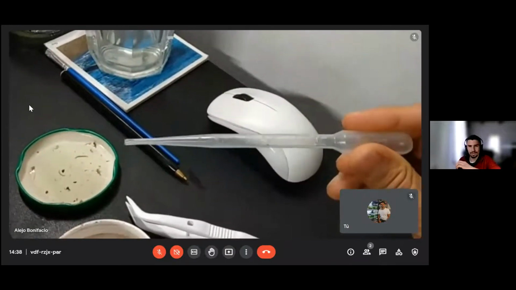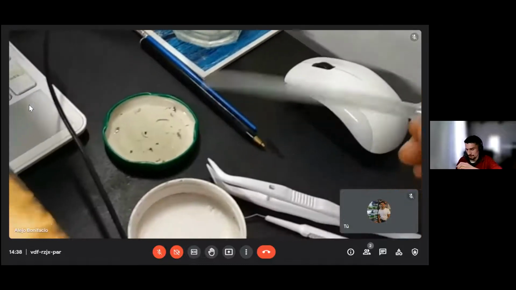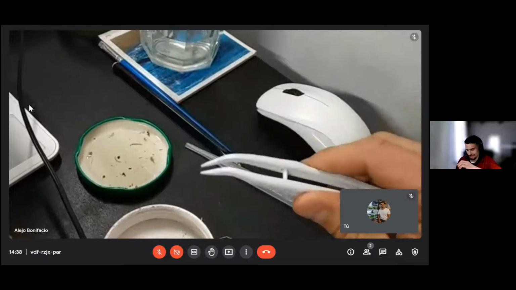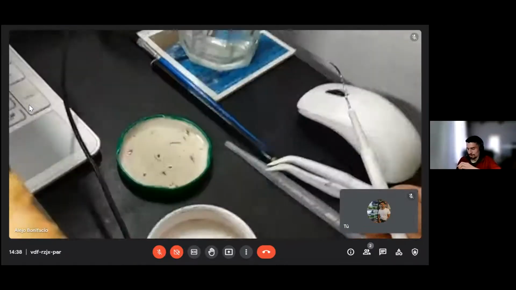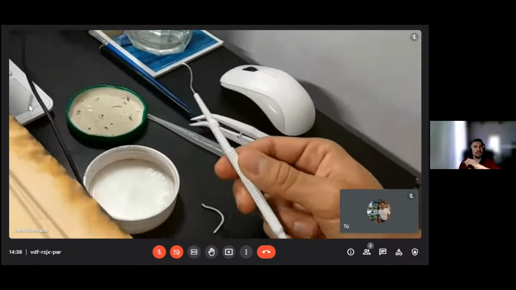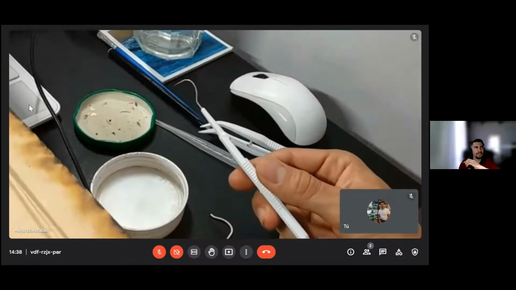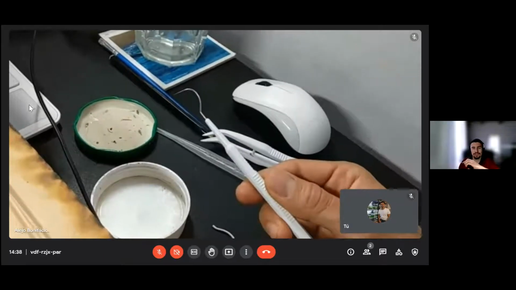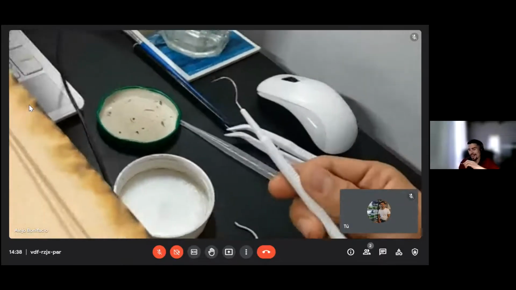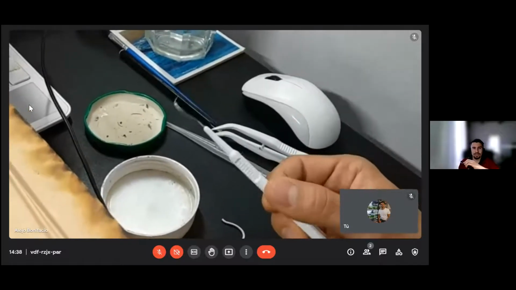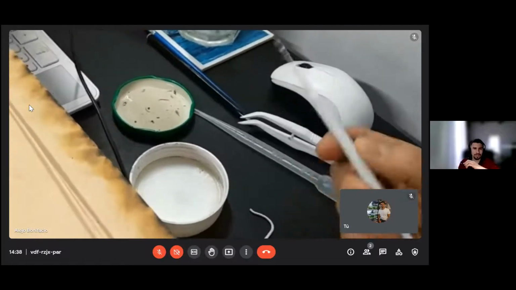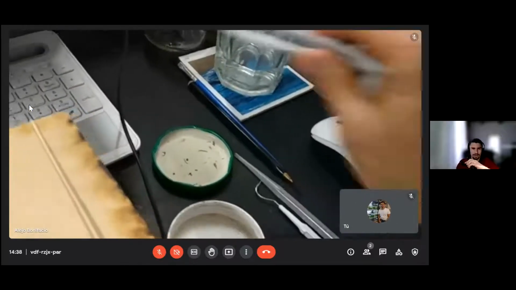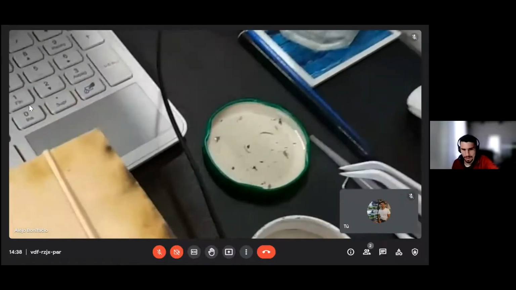This is a one-use kit for odontologists, like dental tools. It's for one use, but it's useful for this because we are not putting this in the mouth of anyone.